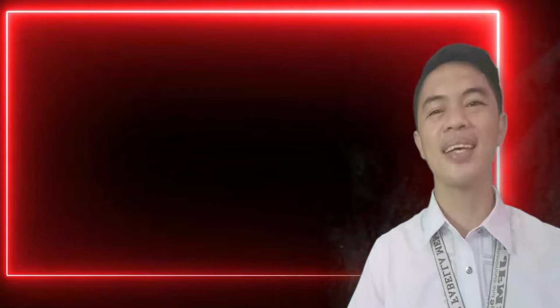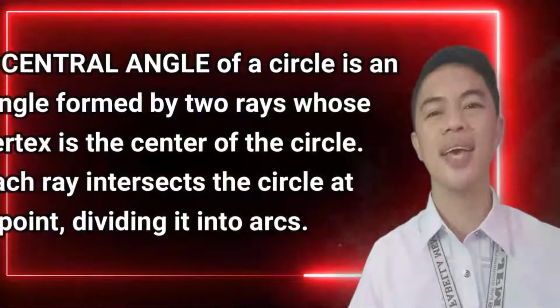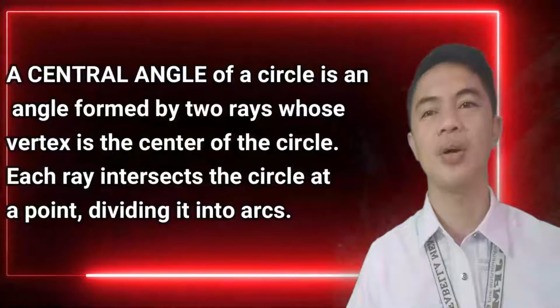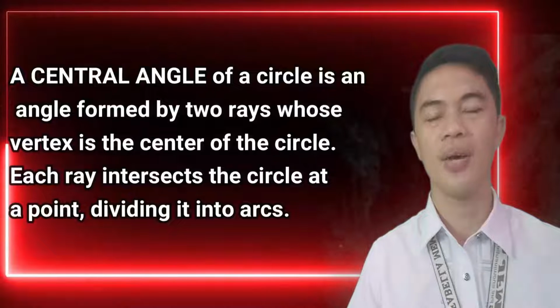A central angle of a circle is an angle formed by two rays whose vertex is the center of a circle.